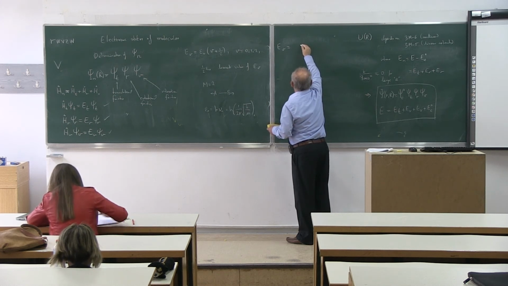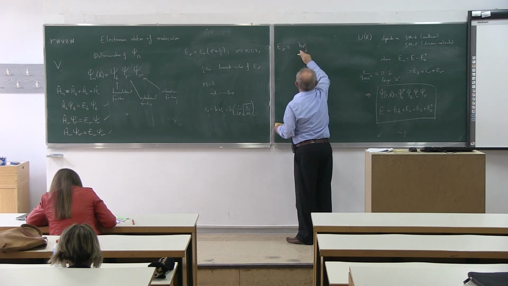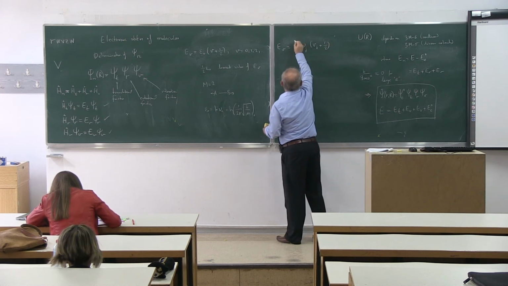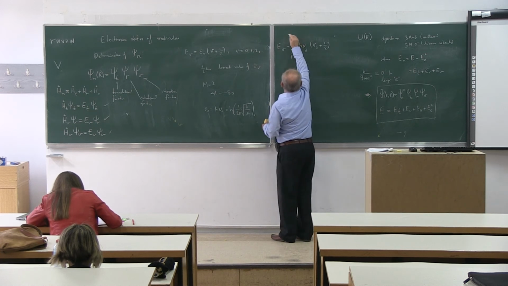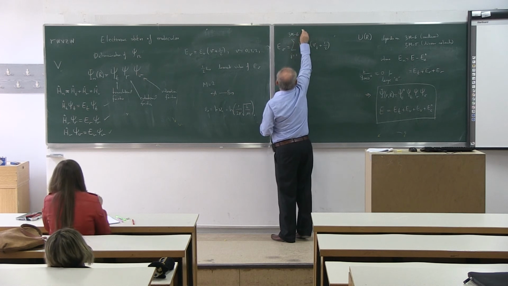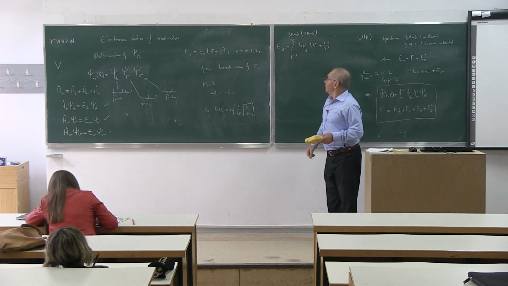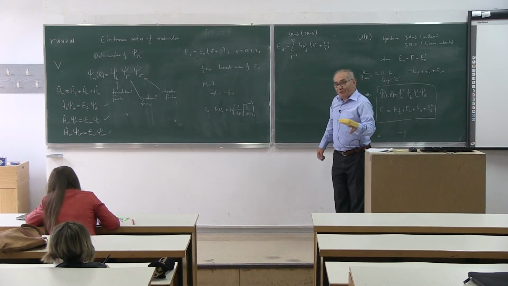So we have h times nu_j times (v_j plus 1/2), and this is the sum over j from 1 to 3m minus 6 or 3m minus 5, depending on whether the molecule is linear or nonlinear.